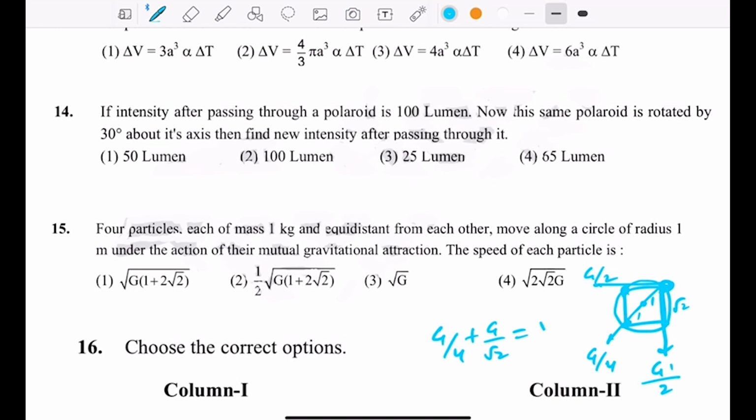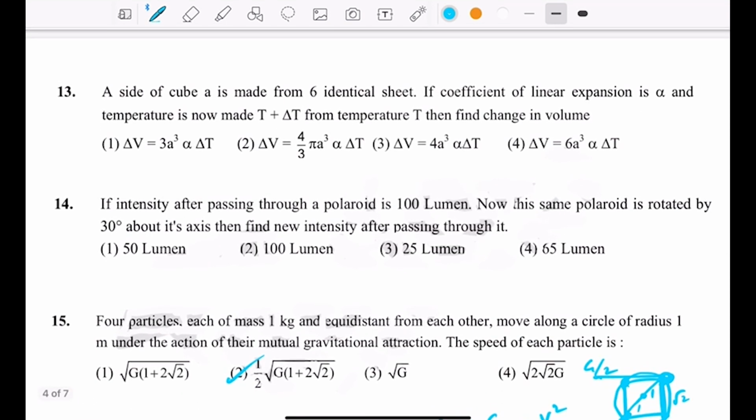M is 1, so v square by r is 1. This is the answer. So we take the square root of it. If I take 1 by 2 common, G into 1 plus 4 by 2 root 2.